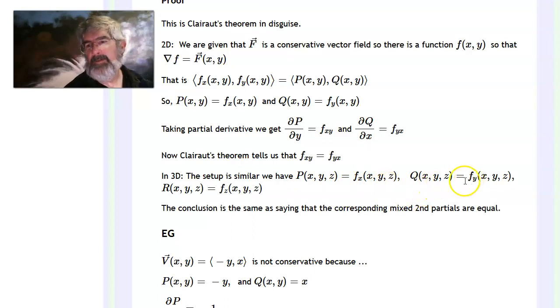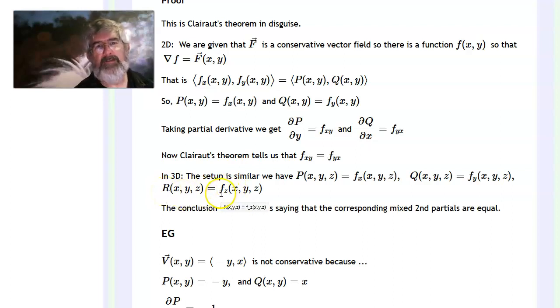Likewise here, if I took the partial with respect to x, well, this would be the same thing as what was up above, right? So throw an R into the mix. Let's go back here. Take the partial of P with respect to z. Then the partial on the right-hand side would be f sub xz. Now on this one right here, take the partial with respect to x. That would be the partial of R with respect to x.